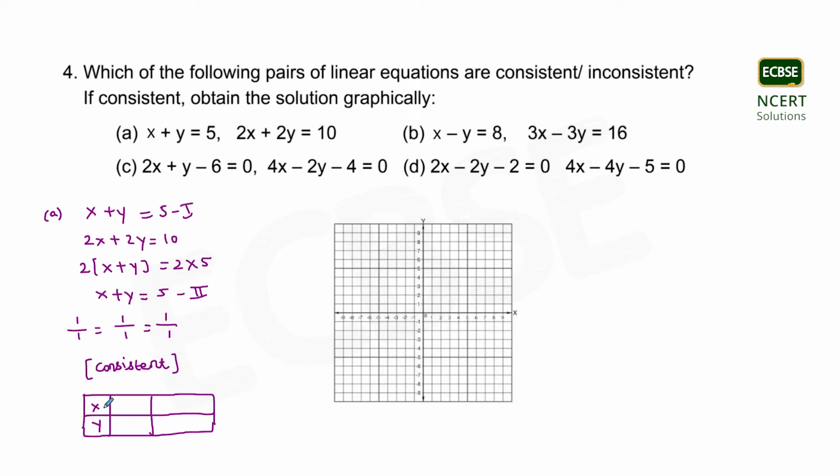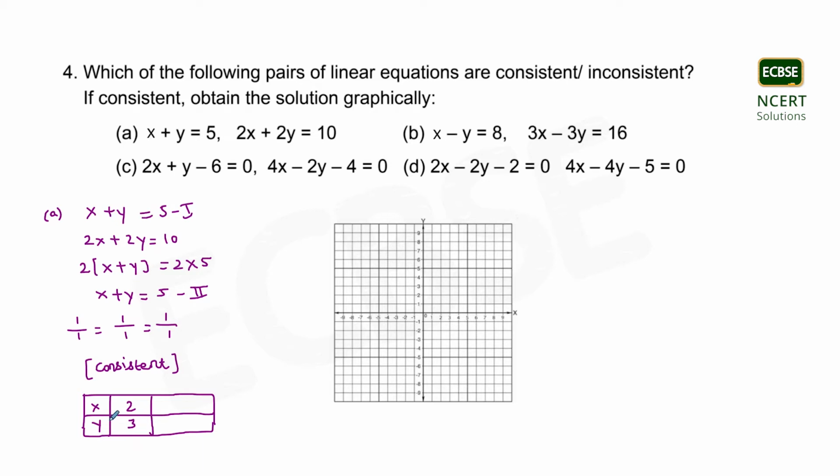So our first step in drawing the table is to let the value of x be, say, 2. If we put the value 2 in the first equation, the value of y comes out to be 3, right?